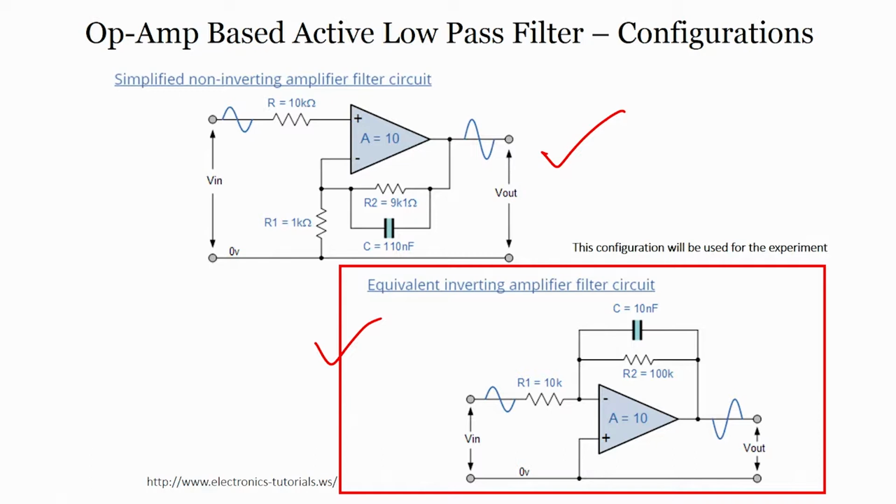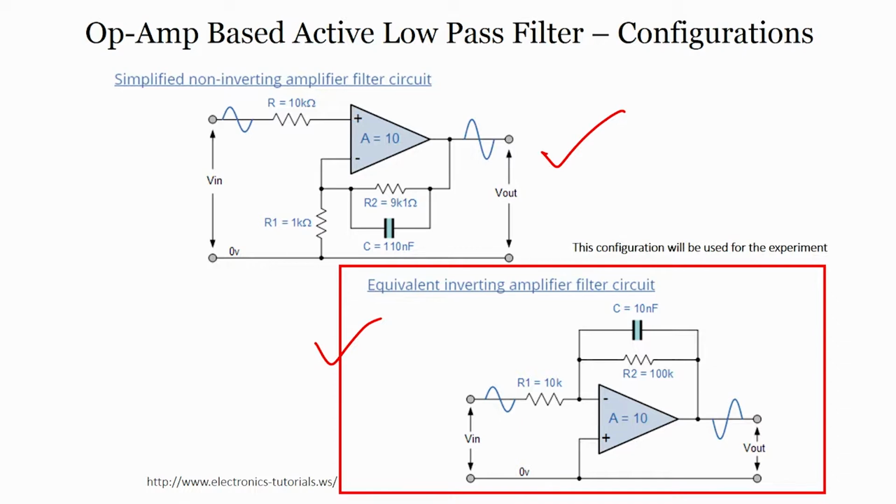Sometimes you see an inverting amplifier circuit, sometimes a non-inverting amplifier circuit, that does not really change the game. The result would be the same, both are active low pass filters. It depends on you which one you want to consider, and you can see the change in the input and output.